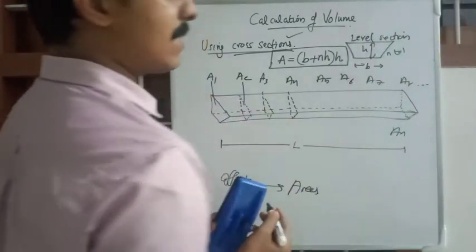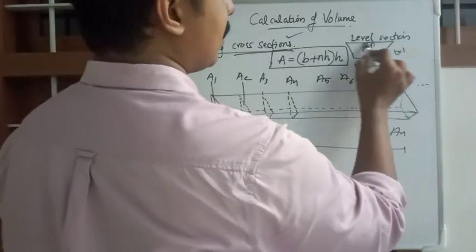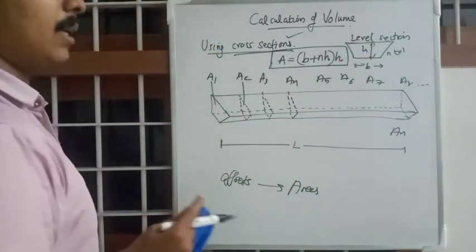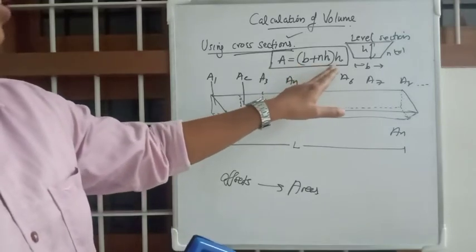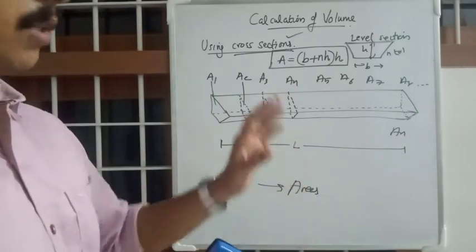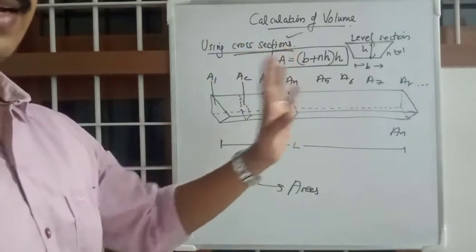It is called a level section because you have a level ground surface. We know what B, N and H are.